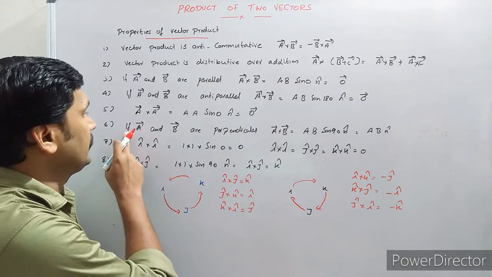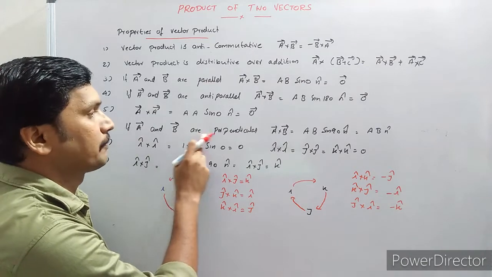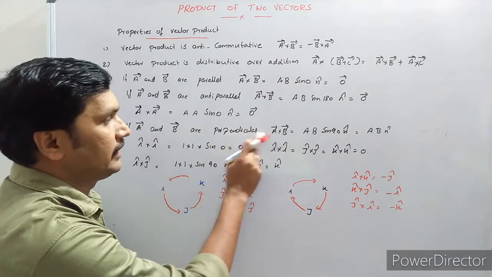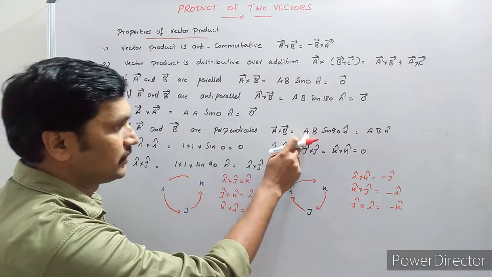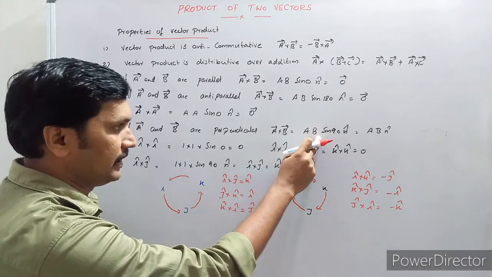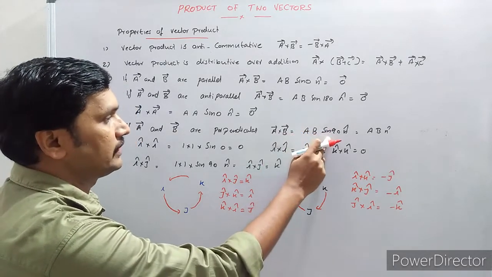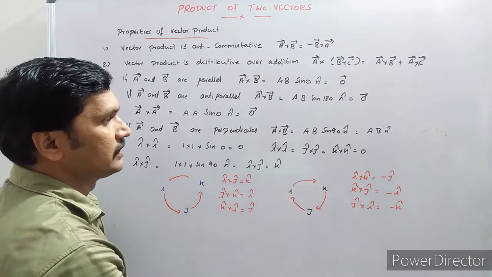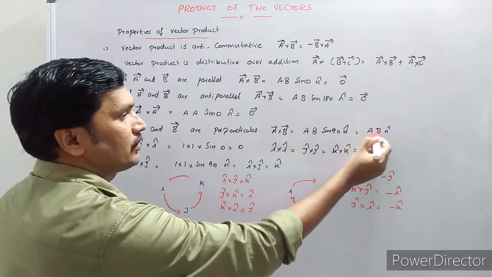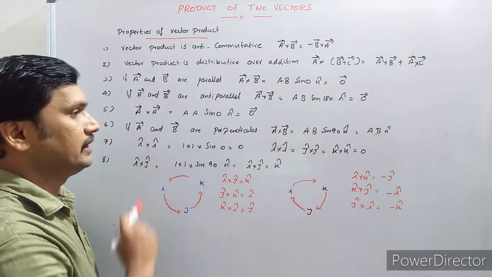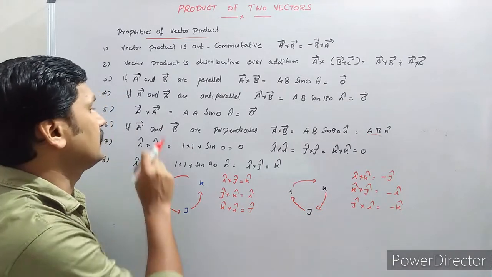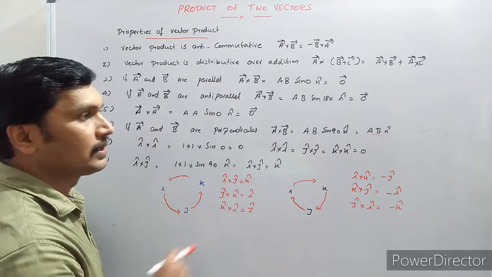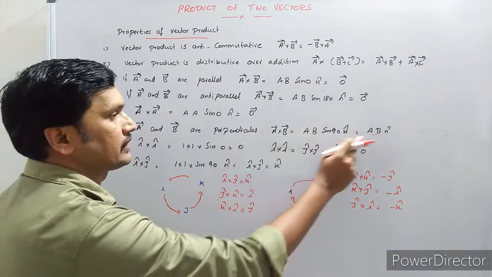Then sixth one, if A and B are perpendicular, then A cross B is equal to magnitude of A into magnitude of B into sine of the angle between them. Since A and B are perpendicular, sine 90 into a unit vector. So we are getting AB into unit vector.